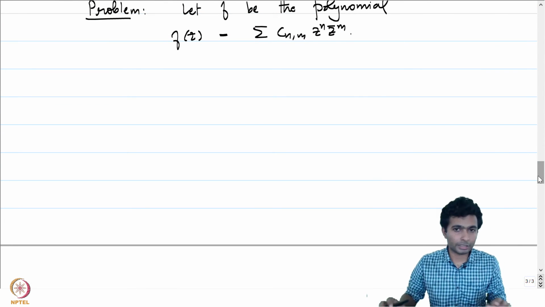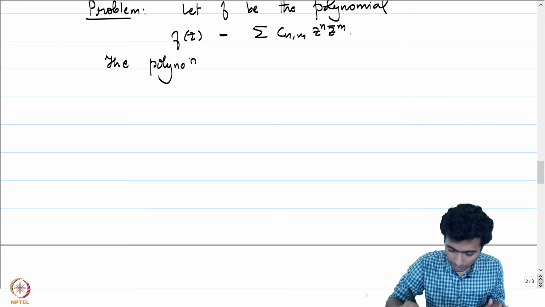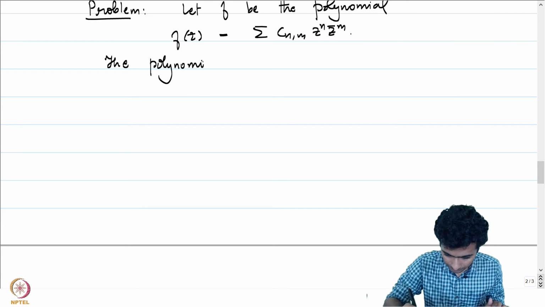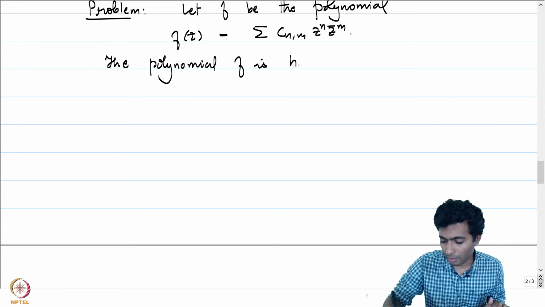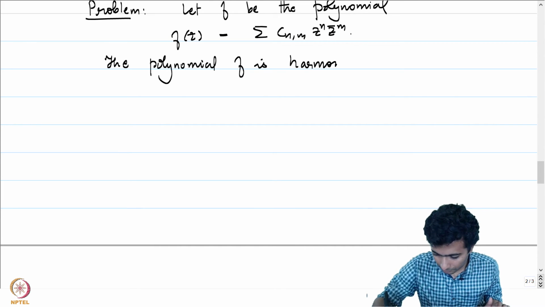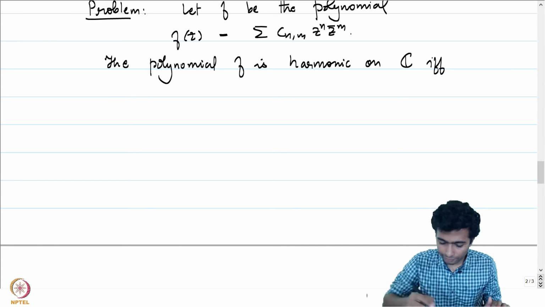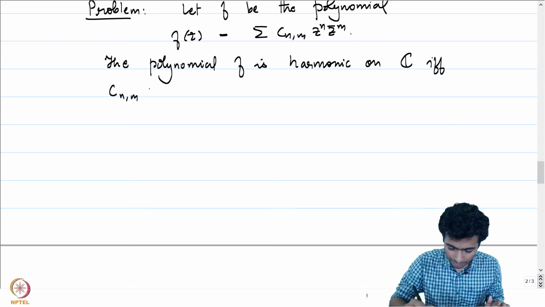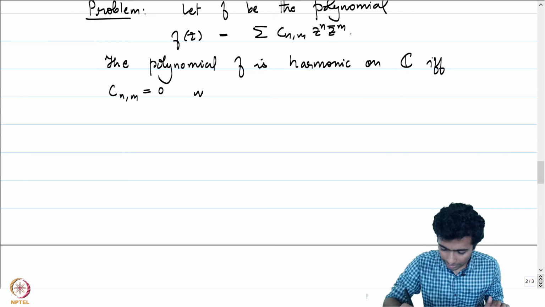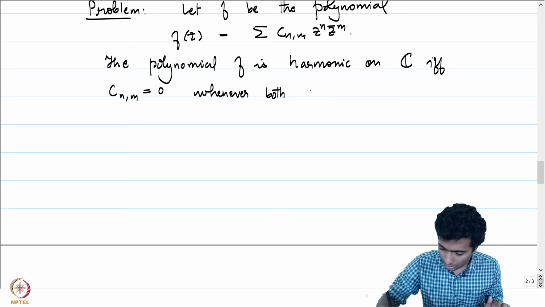So notice that both z and z̄ feature in here. The polynomial f is harmonic on C if and only if c_nm is equal to 0 whenever both n, m are positive.